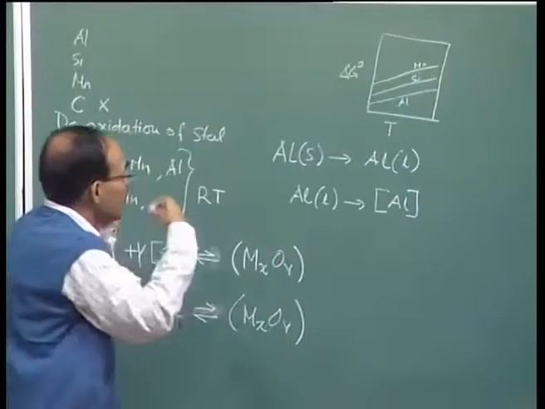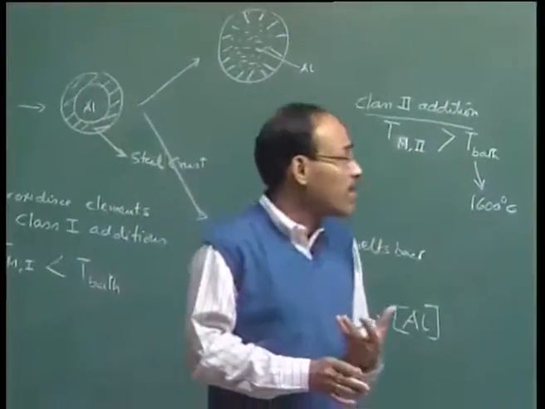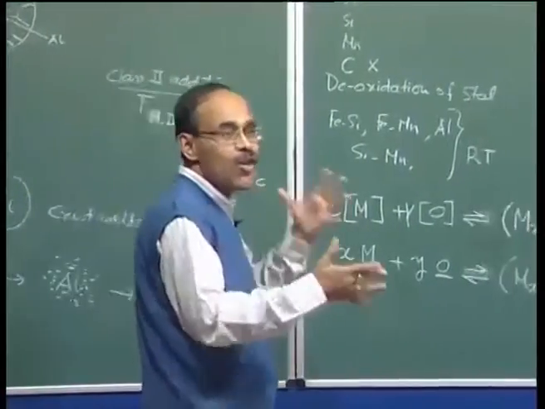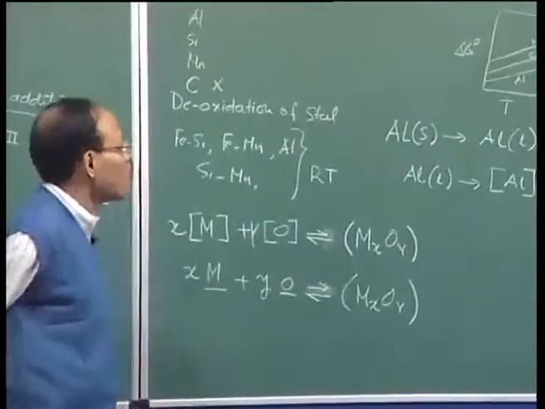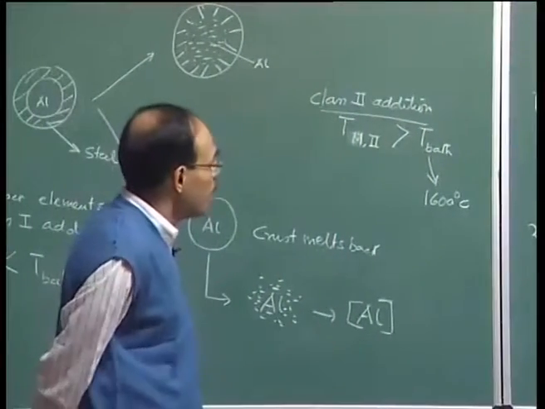These conclusions we can immediately draw from the oxide Ellingham diagram, and that's why in the study of carbothermic reduction and in the study of deoxidation, the Ellingham diagram occupies a preeminent position. We have to know this really well.